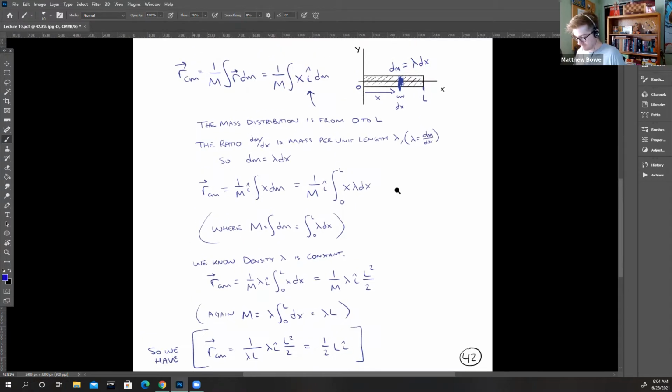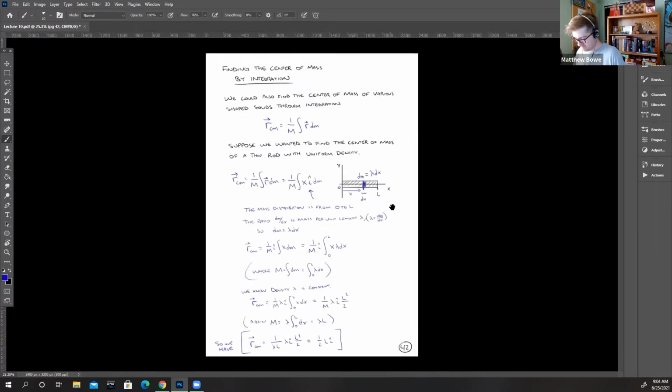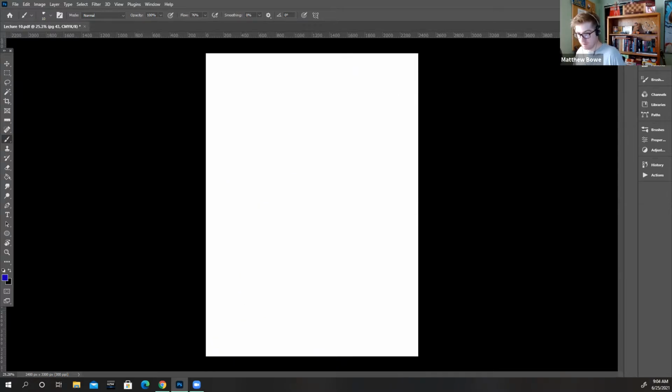Next up is probably one of the simpler realizations, since we've done so much already with motion, and then we're adding center of mass to the problem.